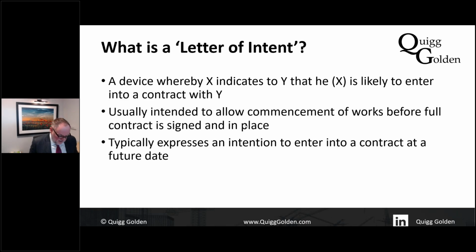It's often a letter or a device where one party indicates to the other that it is likely to enter into a contract, but it actually can go beyond that, and it can be a contract to do certain works, and sometimes it can actually be a contract to do all of the works, depending on how it's actually drafted.